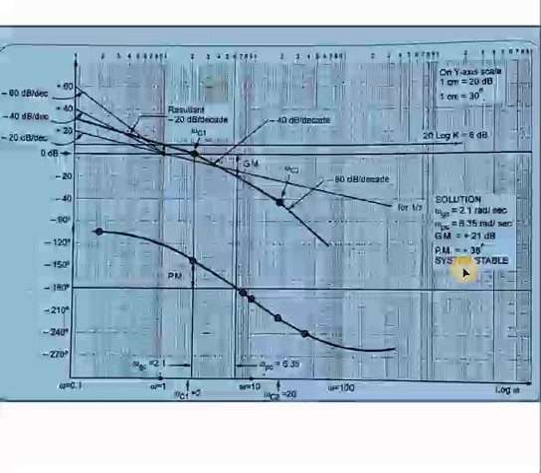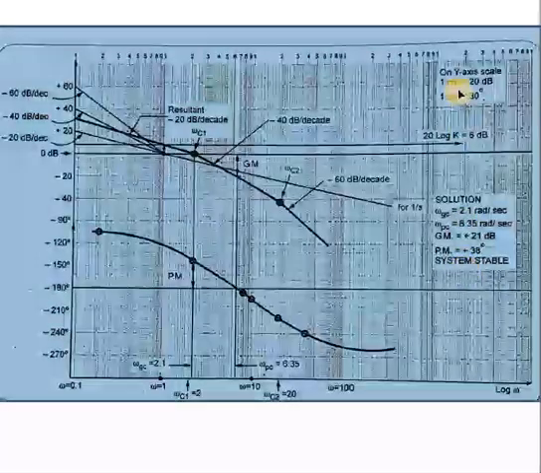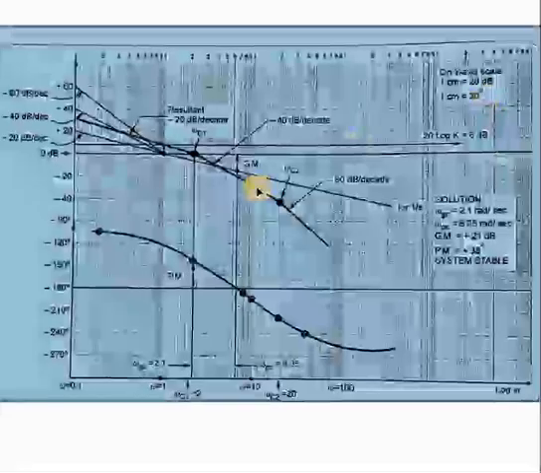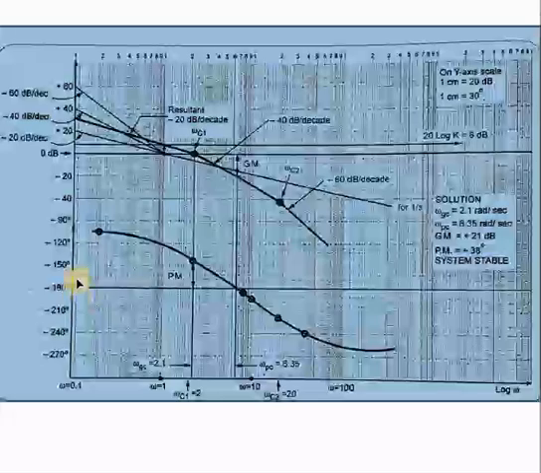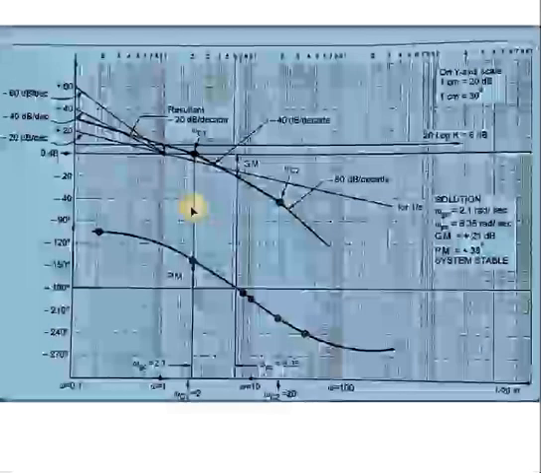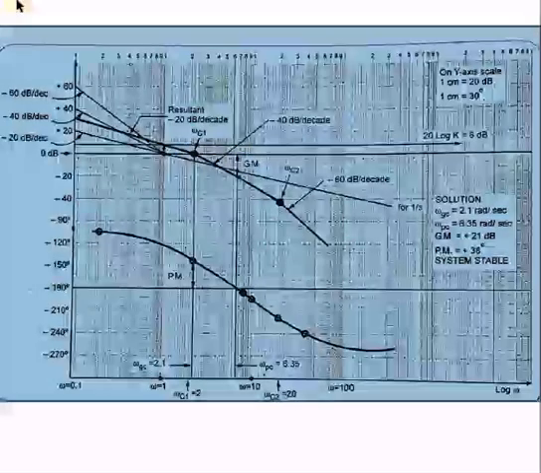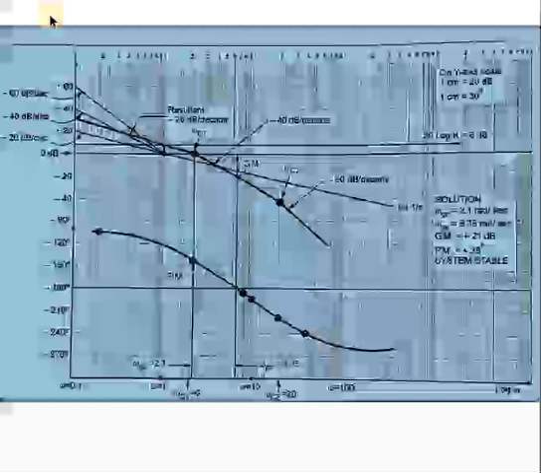Okay, so here I have taken the scale as 1 centimeter equal to 20 dB for the magnitude plot, and 1 centimeter equal to 30 degrees for this phase plot. Remember, the first step is the 0 dB line, then mark a point here on 0 dB.